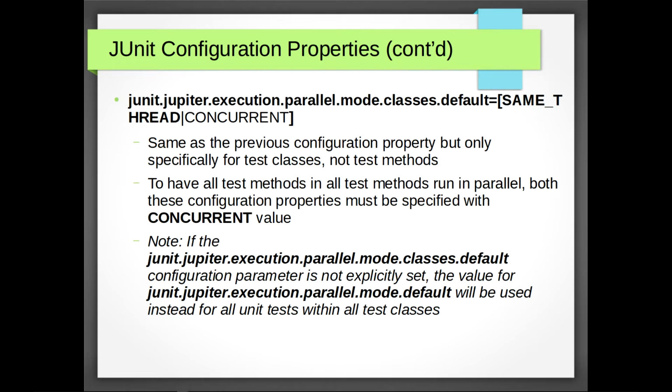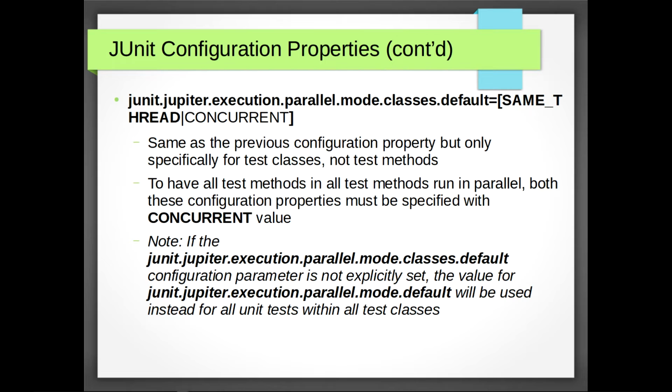So it does the same thing as the previous configuration property, but only specifically for test classes, not test methods. And for example, to have all test methods in all test classes run in parallel, both these configuration properties must be specified with the concurrent value.